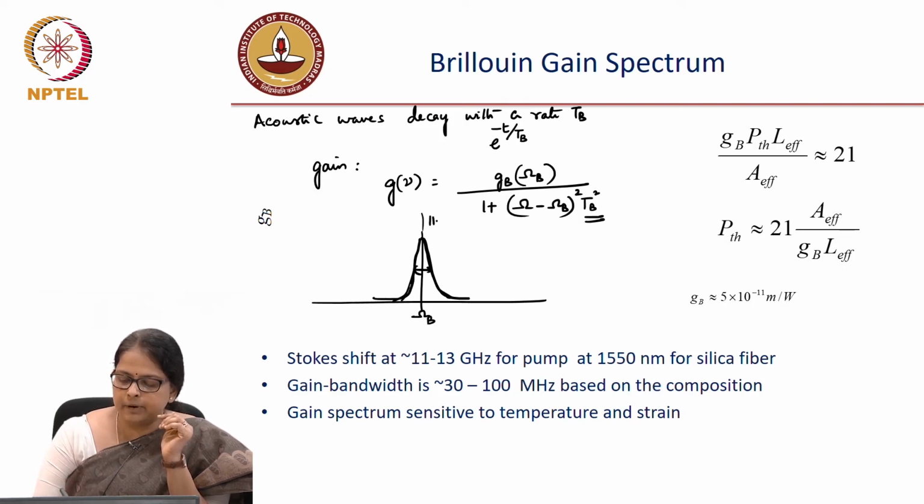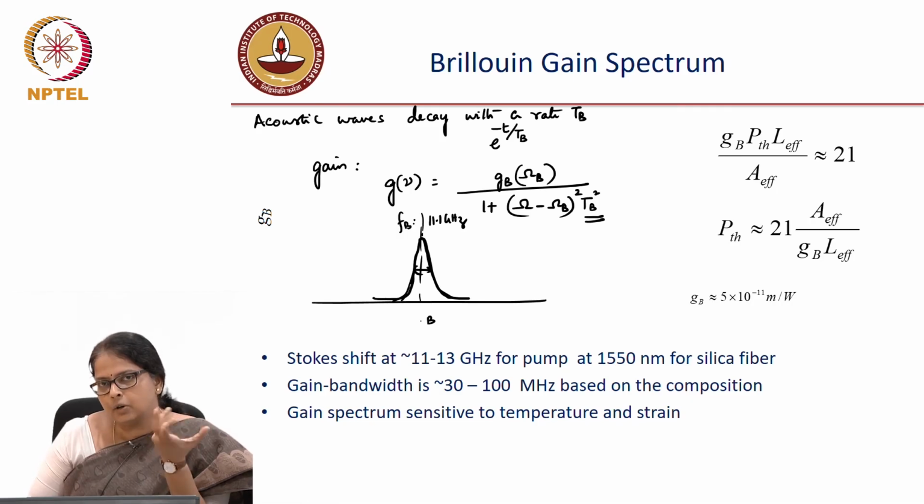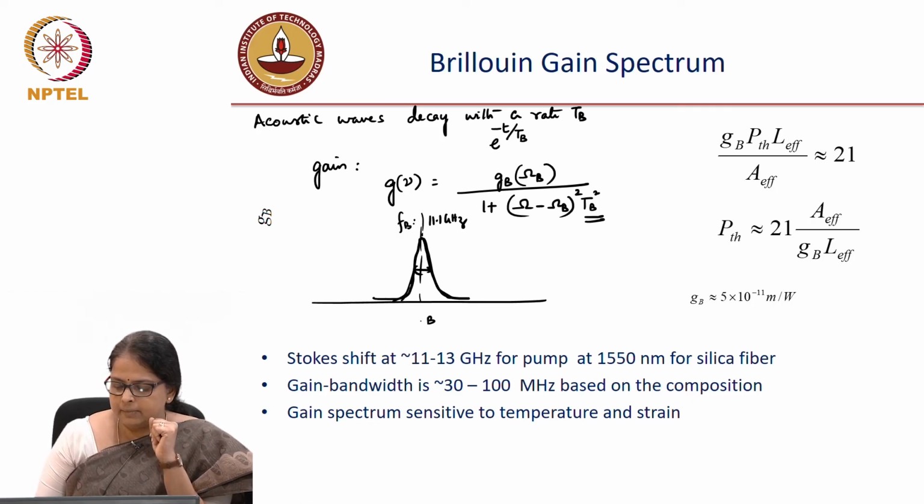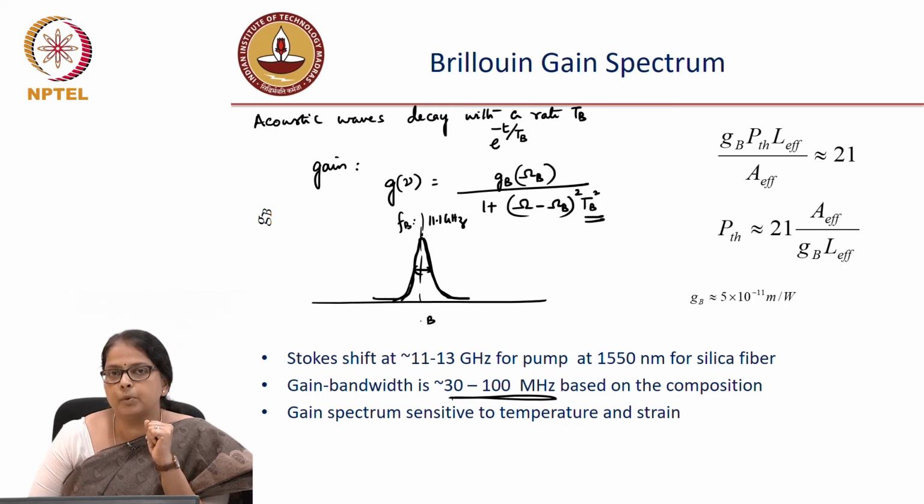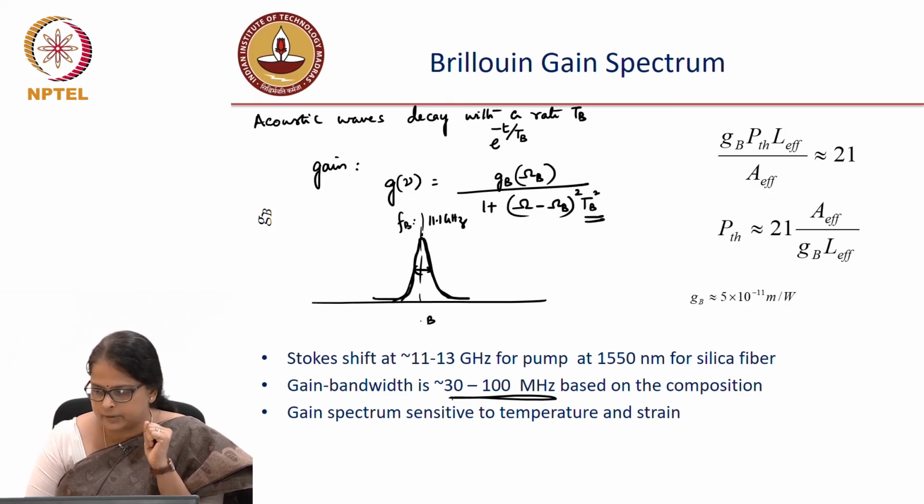So the center frequency is omega b. This 11.1 gigahertz is what we had calculated, or FB corresponding to 11.1 gigahertz. But the width is decided by the decay time of the phonon, and that's also a material dependent quantity. That decay time corresponds to a width of about 30 to 100 megahertz in different kinds of fibers. Okay.